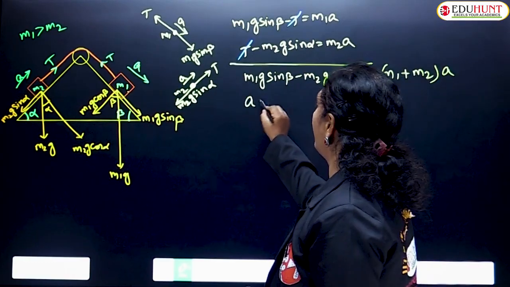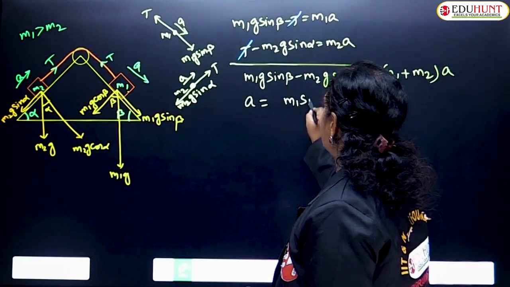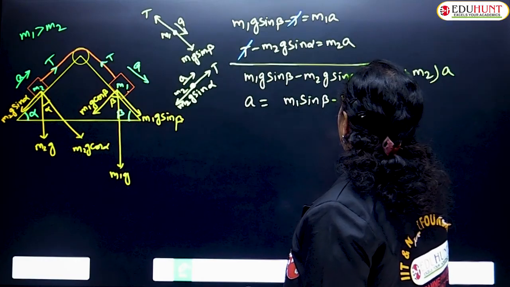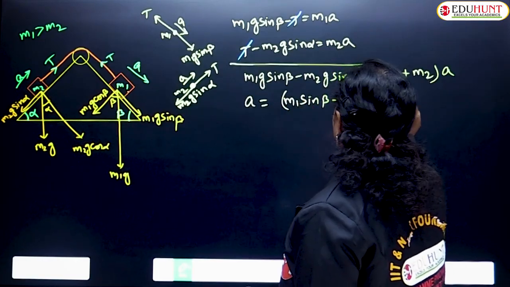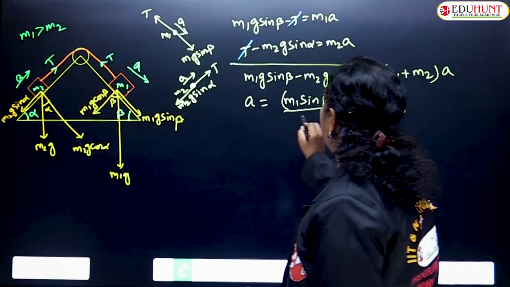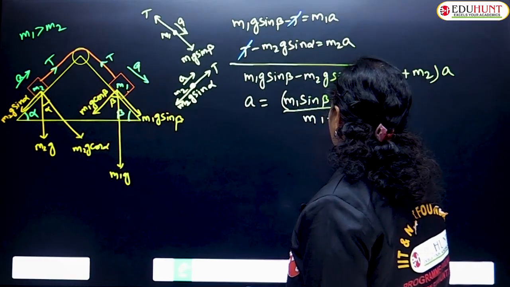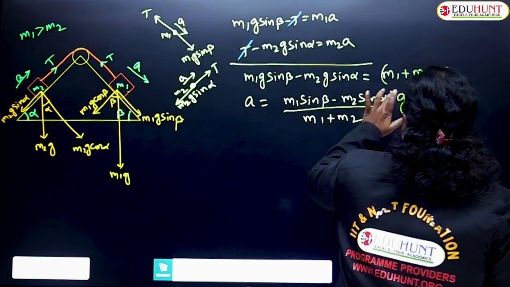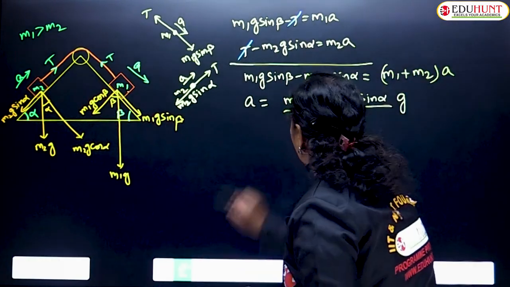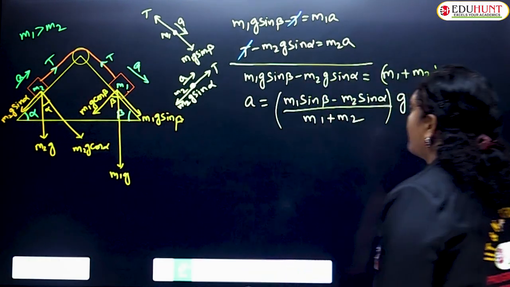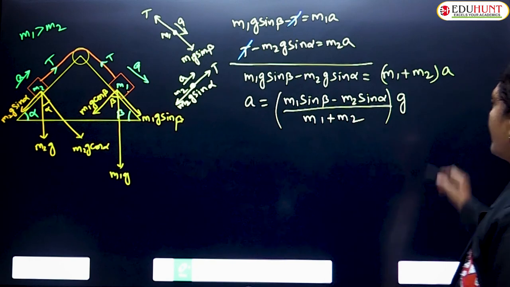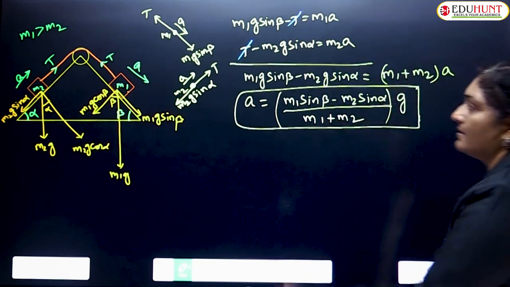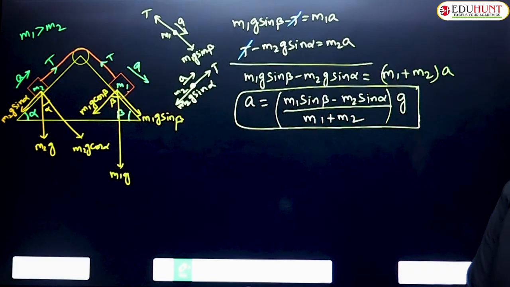Hence the value of a is found as (M1 sin beta minus M2 sin alpha) times g by (M1 plus M2). Hence the total value is found to be how much, children? It is found equal to (M1 sin beta minus M2 sin alpha) by (M1 plus M2) times g, which is the acceleration produced in the two blocks.